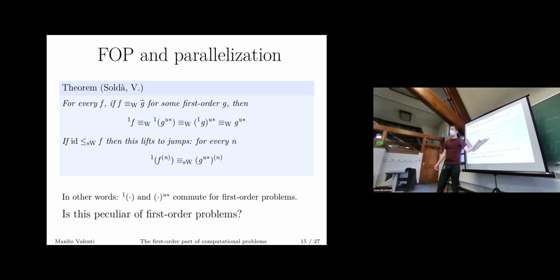So a natural question would be, do you need G to be first order in order for this to work? And this is a good question, and the answer is no.